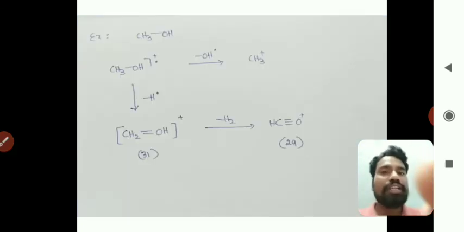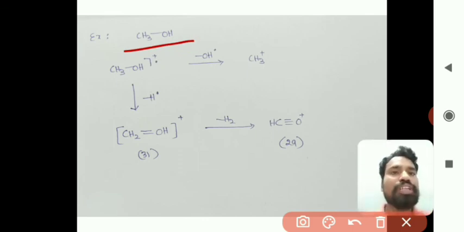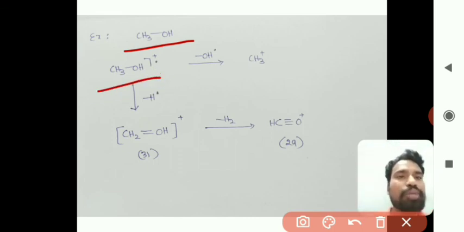Just observe here a simple example, methyl alcohol, that is CH3OH. When CH3OH is bombarded with electrons, it forms a radical cation, that is the molecular ion.